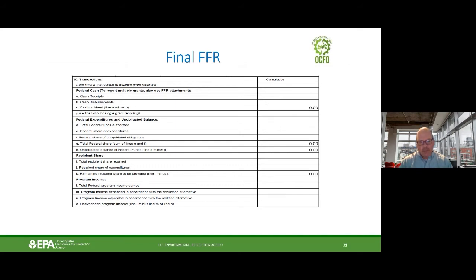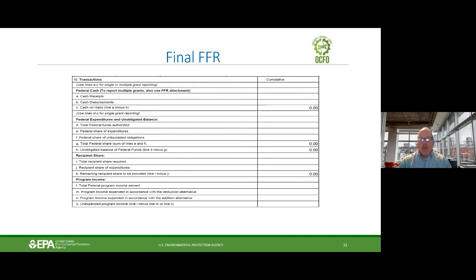And the good thing is that with the ASAP system that they talked about earlier, you're going to get your money the same day, depending on how you drew it, or at the latest the next business day. So this isn't the olden days of the government where you submit an invoice and it takes 30 days to get your money and therefore you need to draw more to cover expenses.